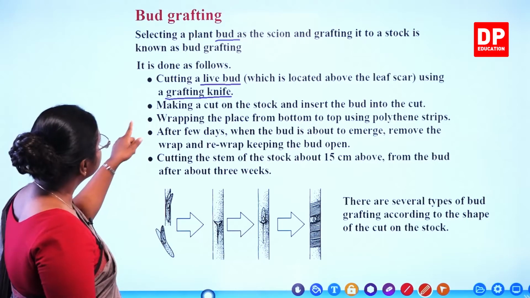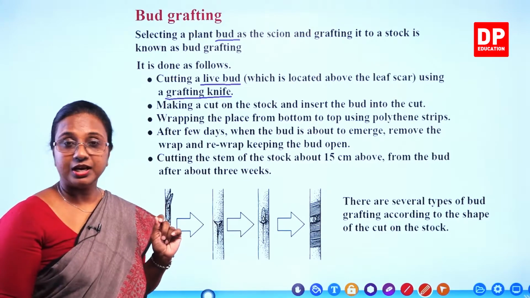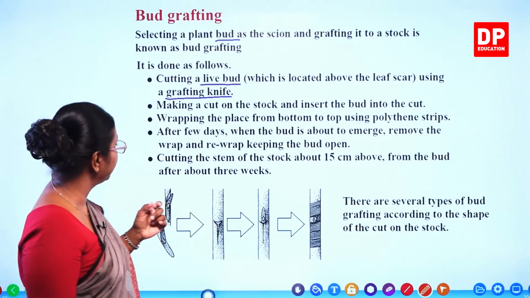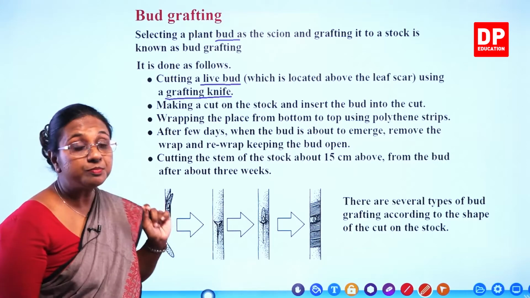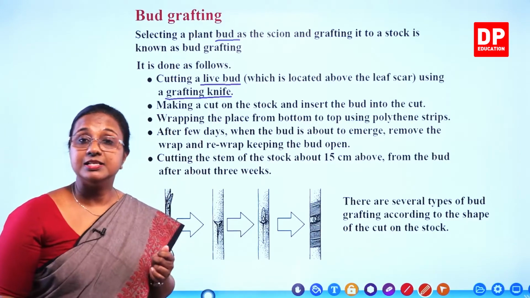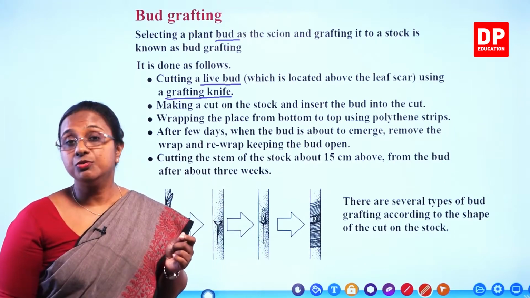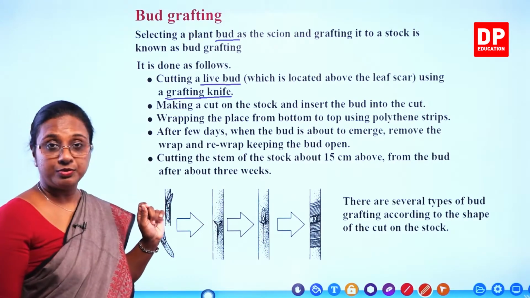Then we make a cut on the stalk and insert the bud into the cut, and thereafter wrap the place from bottom to top using polythene strips. It has to be wrapped from bottom to top, and we leave that for a few days.